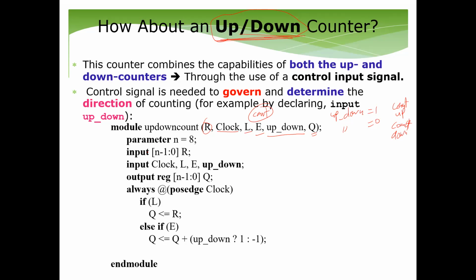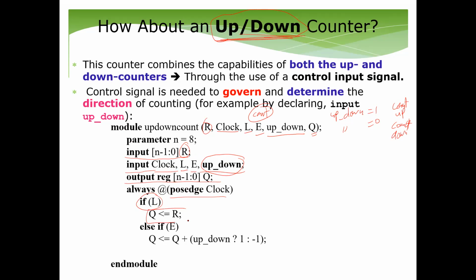Okay, so let's check the code. I will declare the input R, which is for the parallel load. I have clock, load, enable, up down. This is the signal that we added to the previous code. My output is reg. I don't have a reset, so at positive edge of clock, I will check if I'm loading.